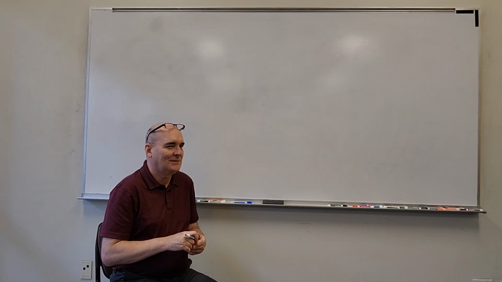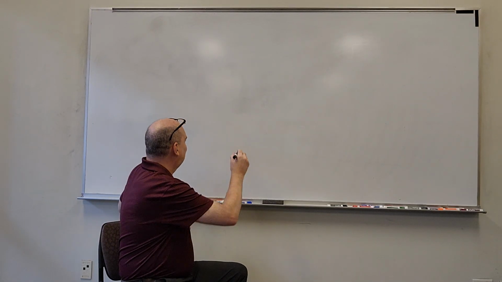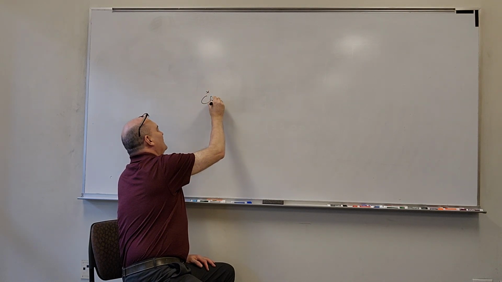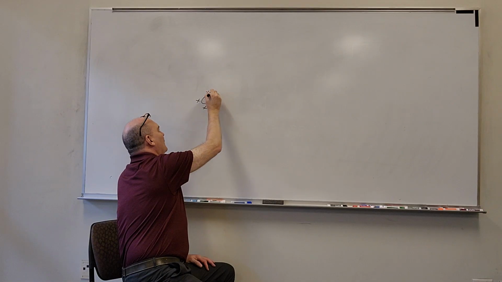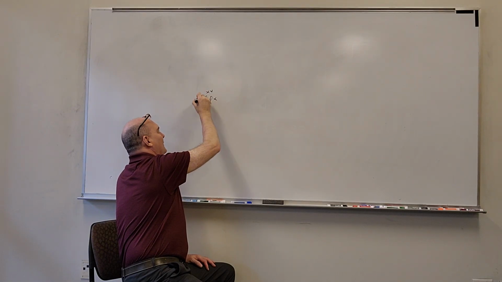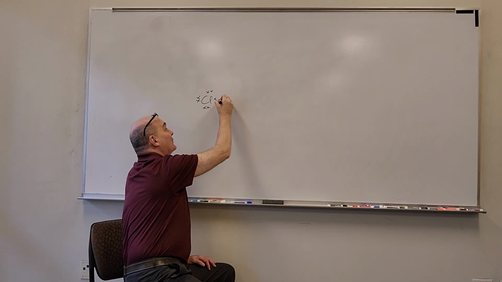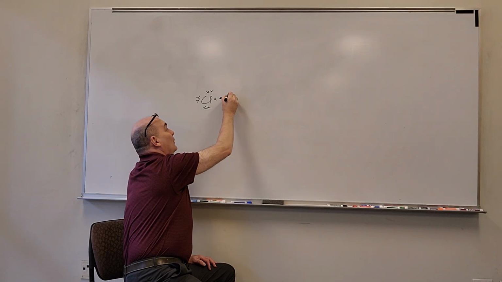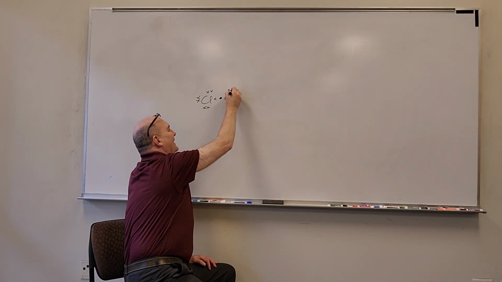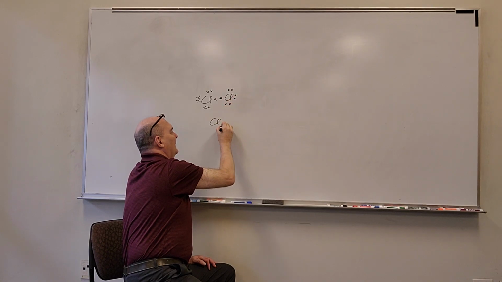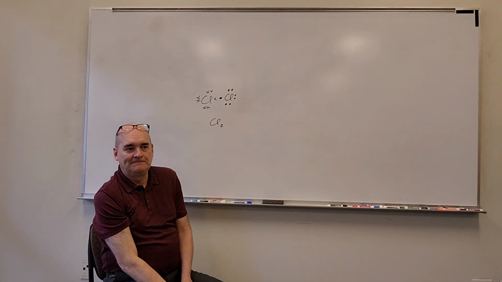But not as chlorine. Chlorine, group 7, has 1, 2, 3, 4. We start pairing them up. 5, 6, 7. Makes one bond. It's got one unpaired electron. So chlorine, the molecule, is two chlorines stuck together.